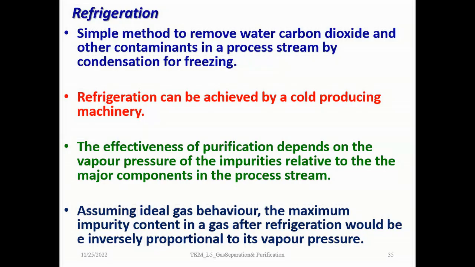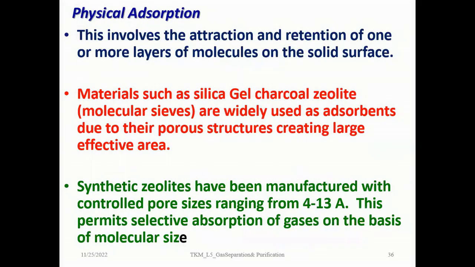Now let's come to physical adsorption. In physical adsorption, the gas is retained at the solid surface. This involves the attraction and retention of one or more layers of molecules on a solid surface.